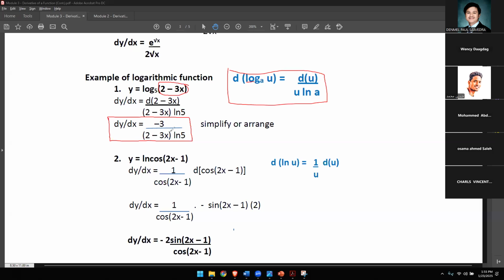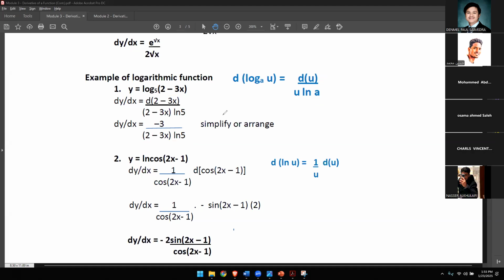We do not touch the others since we just plug in everything. So all this time, from the very start when we started deriving, we're always 100% reliant on the formula. If you can memorize all the formulas, I would say that you will really pass this subject.